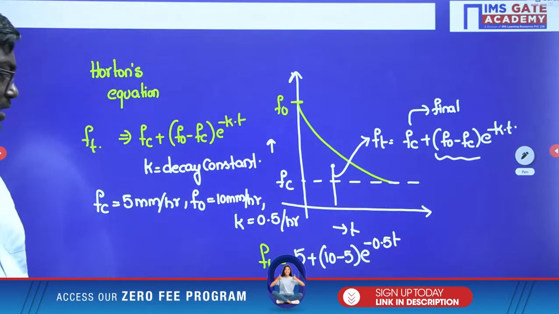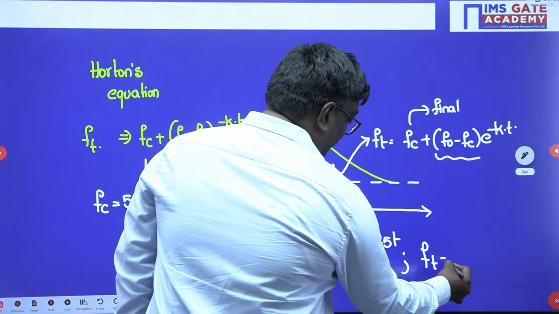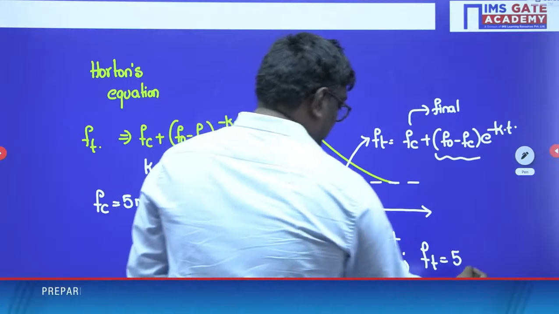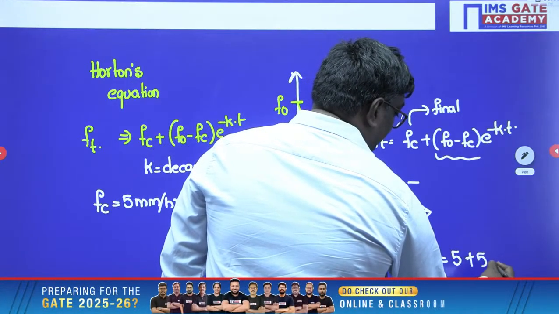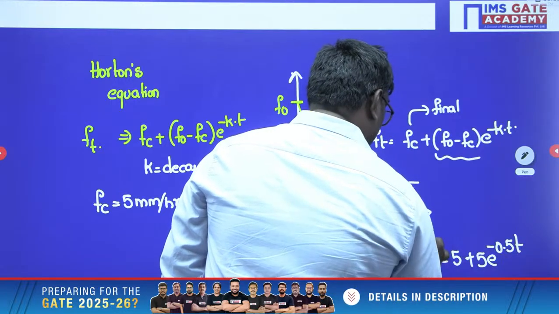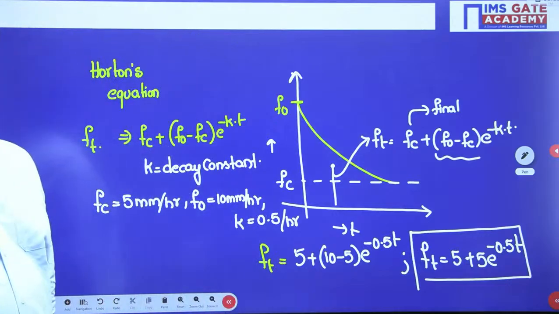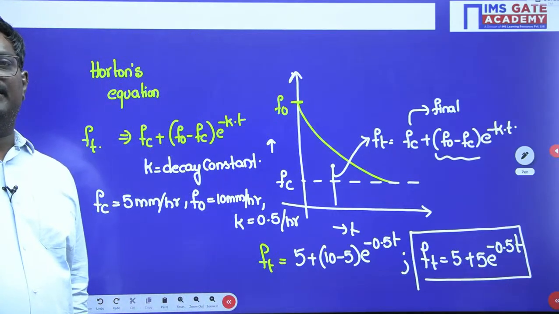So, my dear students, the infiltration at a time t will be equal to 5 plus 5 into e power minus 0.5 t. Infiltration at a time t is given as 5 plus 5 into e power minus 0.5 t.